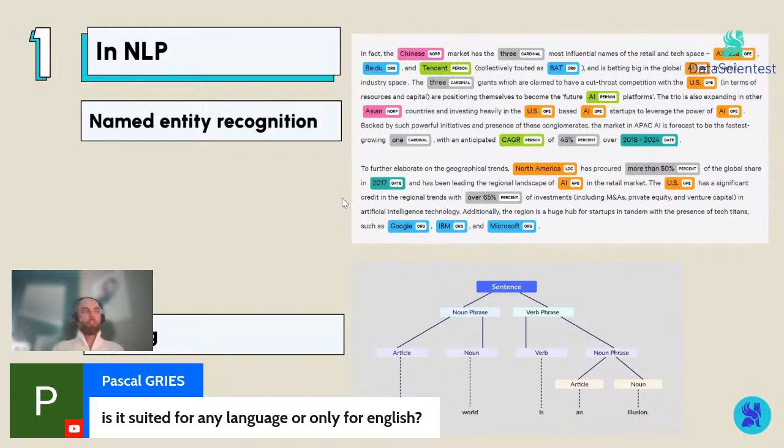The packages I mentioned can be used with multiple languages, not all of them, I think. It's actually a really interesting question, because all the languages are built completely differently. It's not even always the same alphabet or the same characters.